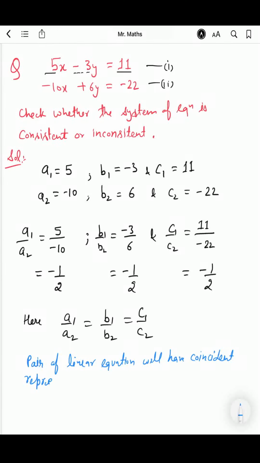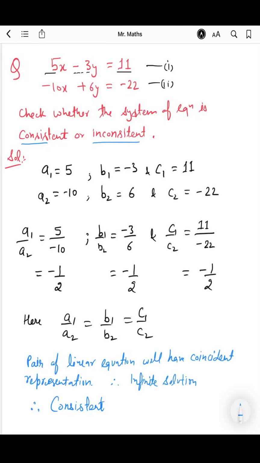They will overlap. Finally, we were asked whether it is consistent or inconsistent. Since they are coincident, there are infinitely many solutions, and the system has a solution, therefore it is consistent. So you can answer three things just by observing the equations and taking out the ratios.